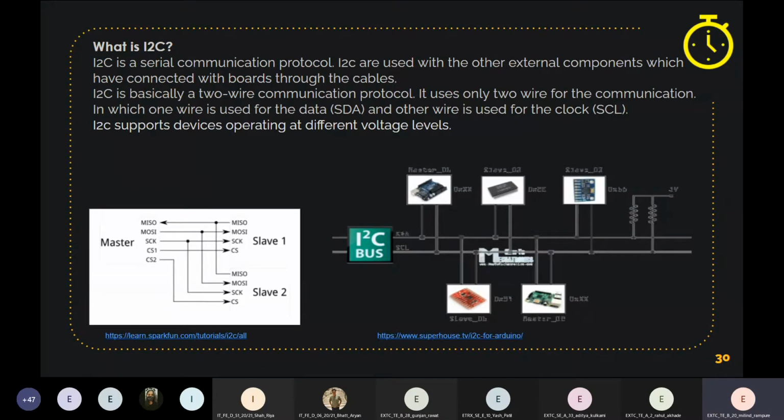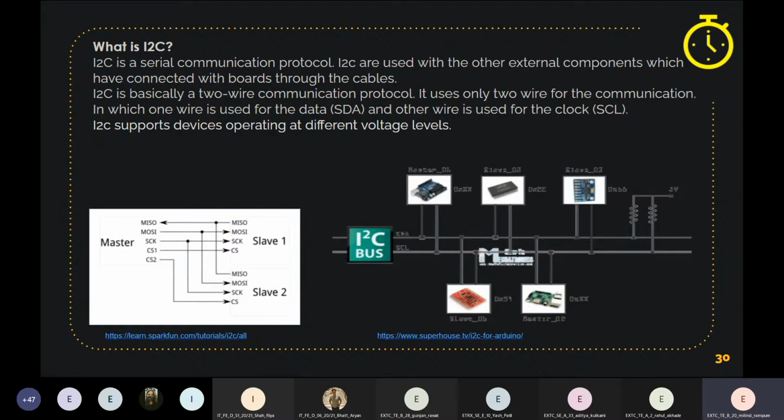Consider a supply where you're connecting multiple bulbs in parallel to a single supply. The I2C bus is the same kind of bus, where you connect multiple sensors based on the I2C protocol using only two lines of interface. As you can see here, it uses two lines to send and receive data.